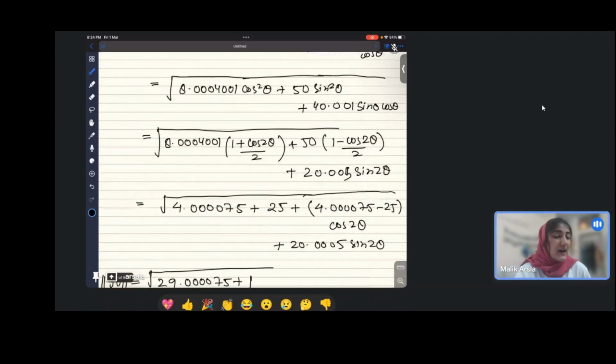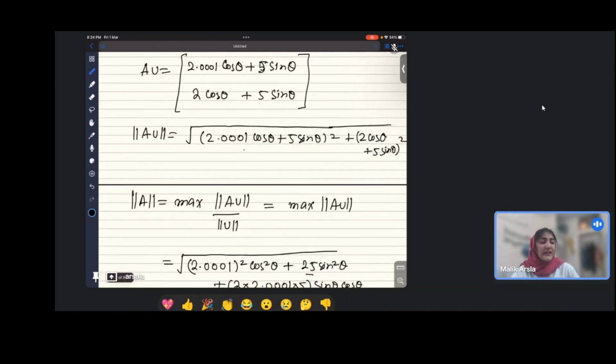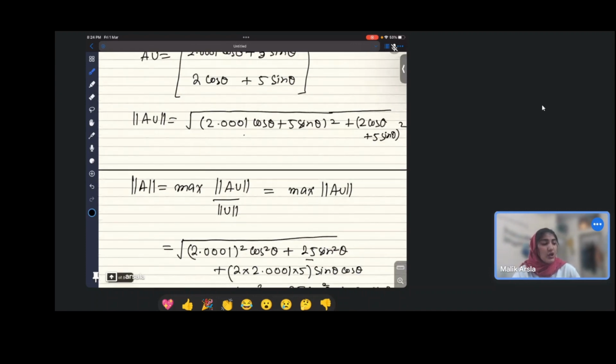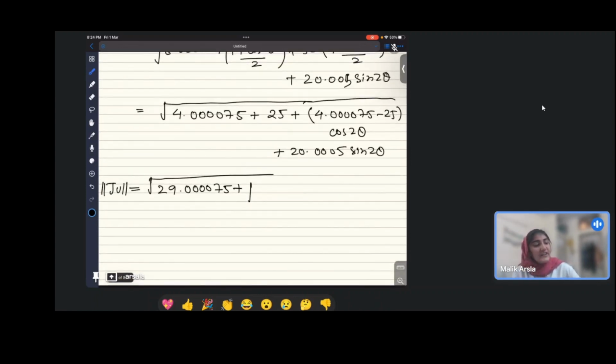I told you earlier that when you are finding the norm of A, you have to maximize this AU, correct? So for maximizing AU, if there is a term like A cos theta plus B sine theta, what is the maximum value of that?